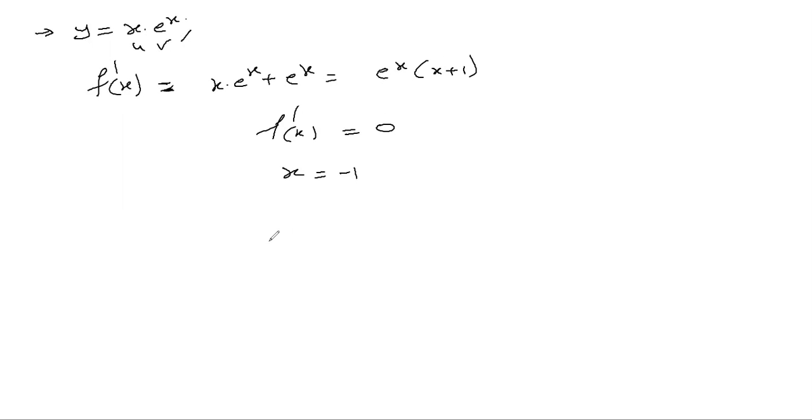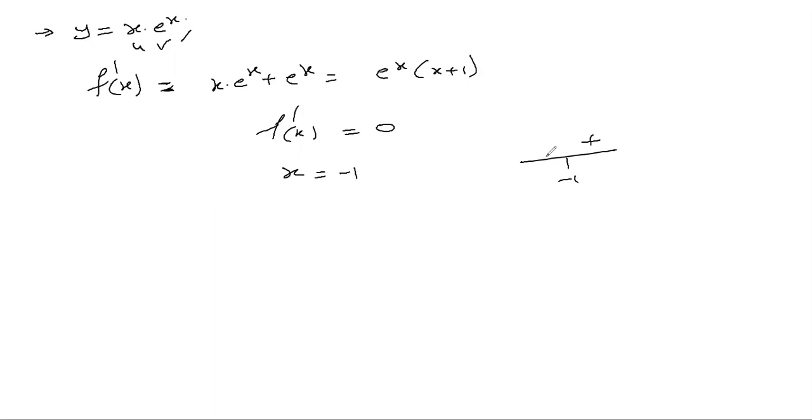So what will be our observation at negative 1? Listen carefully. At negative 1, if you see the right side of negative 1, the sign of f dash of x will be positive.